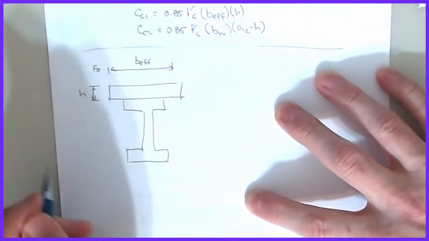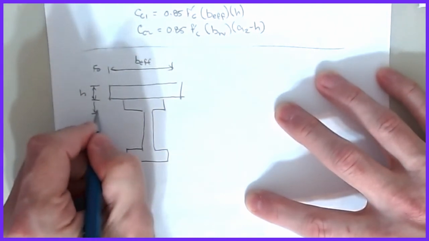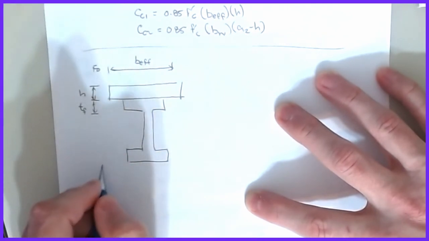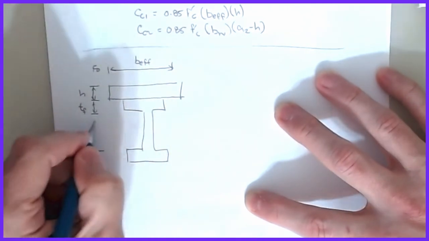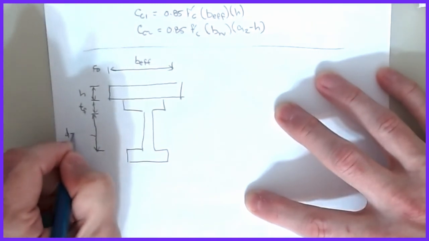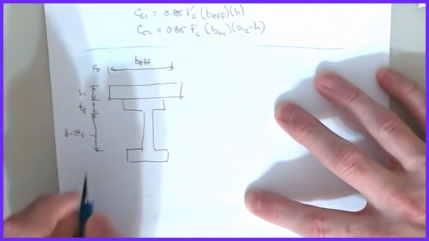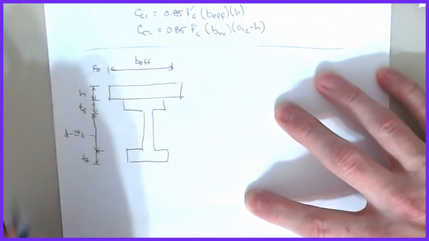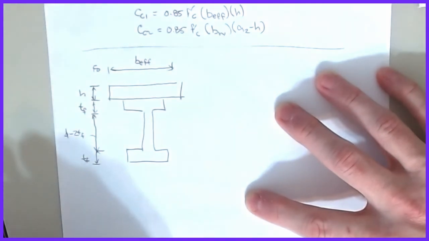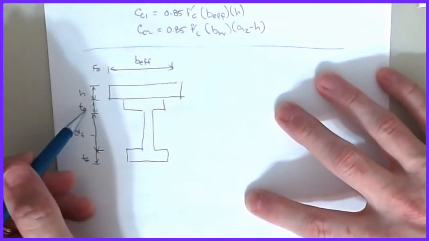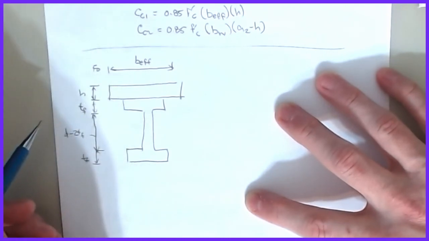We'll still call that as our H. Now we have a distance that this is thickness of the flange. This distance is D minus 2 TF. And then that guy is TF for an I-shaped beam. Now, for an irregular shaped steel concrete, then obviously these dimensions change, but the approach is still going to work.